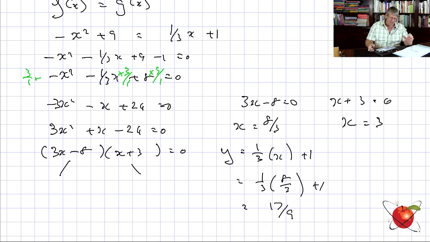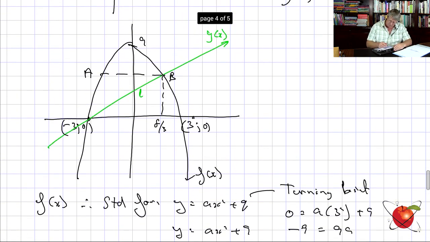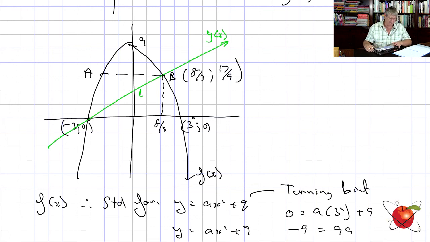So the height is 17 over 9. Let's now put that in. So the coordinate is x is 8 over 3, y is 17 over 9. That's approximately a 2.